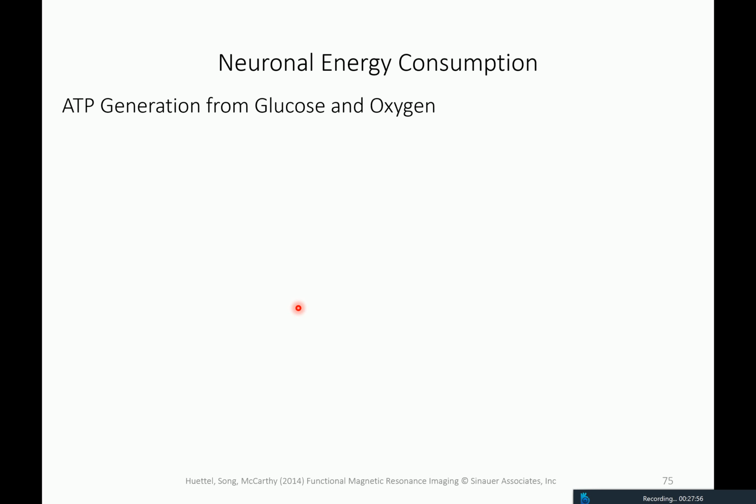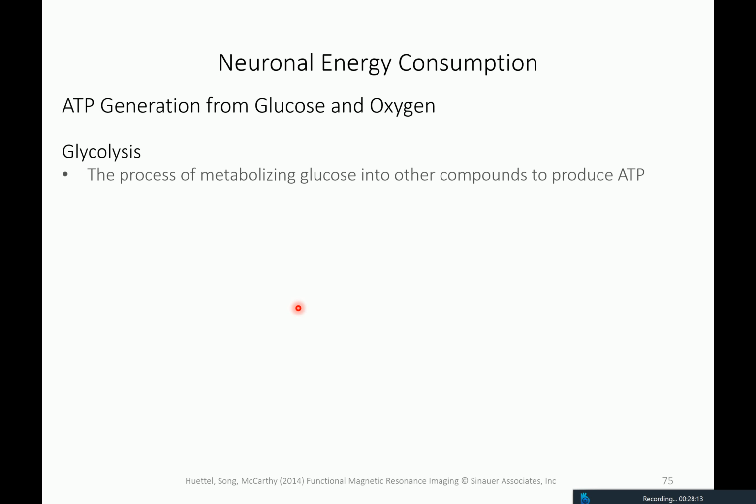Now, to again understand what's going on with the metabolic hypothesis, it also helps to remind ourselves a little bit about how ATP is actually generated, especially from glucose and oxygen. There's this process called glycolysis, which is the process of metabolizing glucose into other compounds to produce ATP.